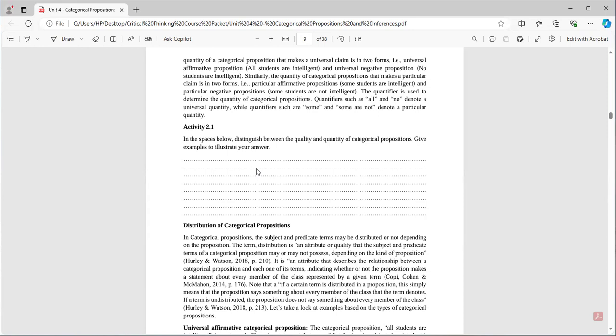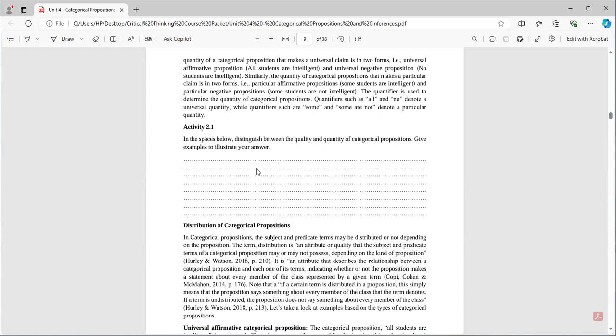We have learned distribution in maths, when one term is distributed over other terms. So here, distribution is simply telling us whether, if you have the subject class, all members of the subject class are either included or excluded from the predicate class.